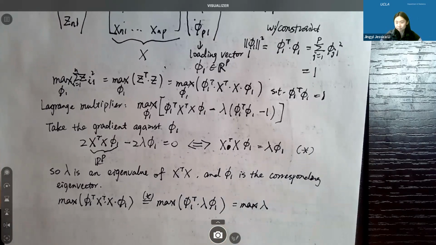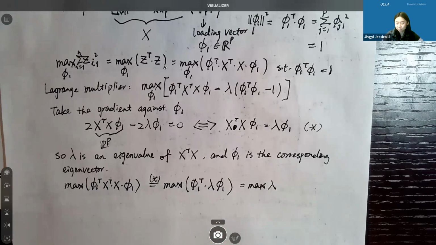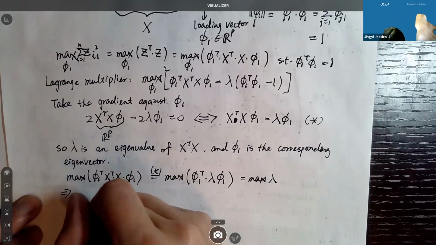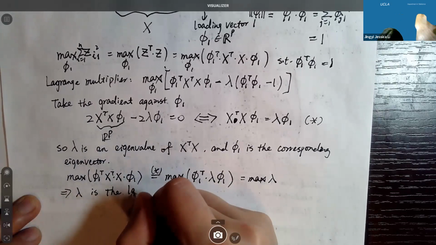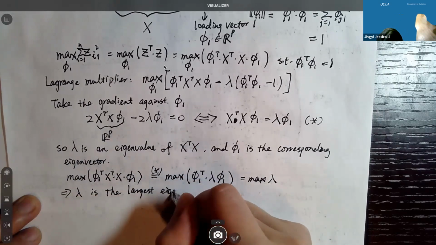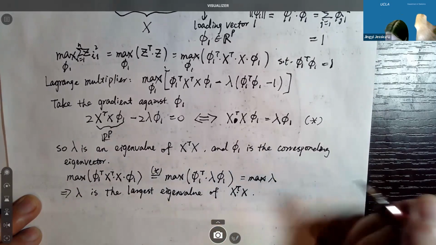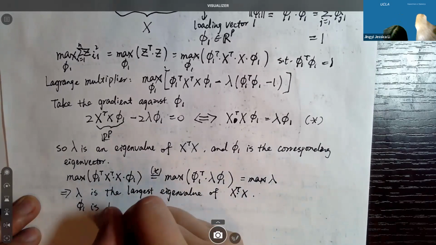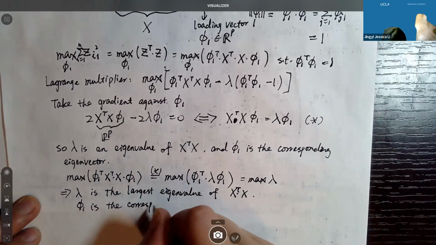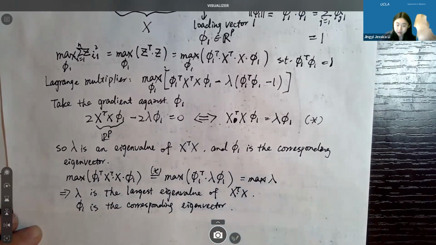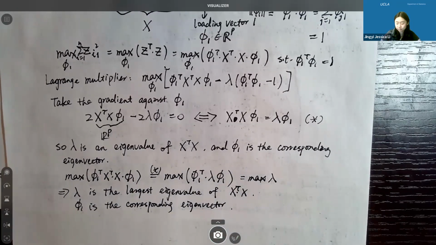The problem becomes: among all the eigenvalues of this matrix, you want to pick the largest eigenvalue. That solves the problem. So lambda is the largest eigenvalue of X transpose X, and phi 1 is the corresponding eigenvector. So we find the first new dimension. This is the basic idea of PCA.